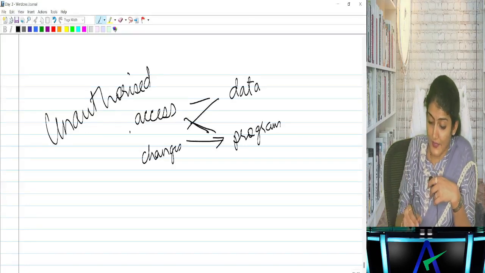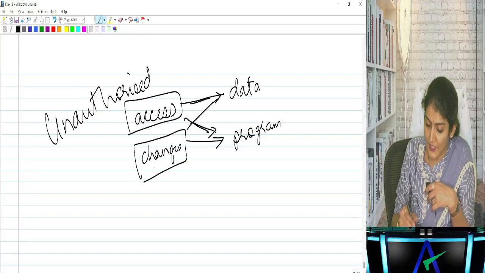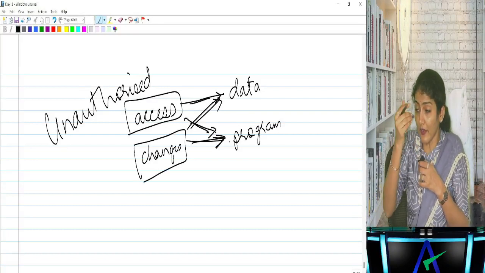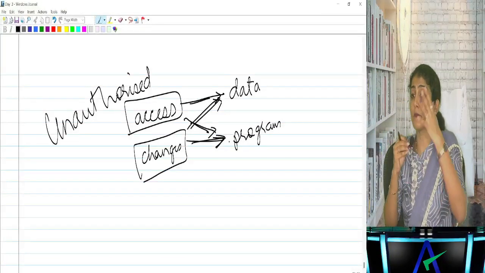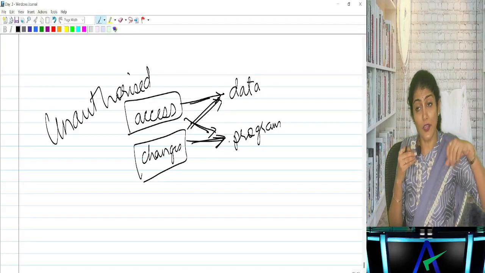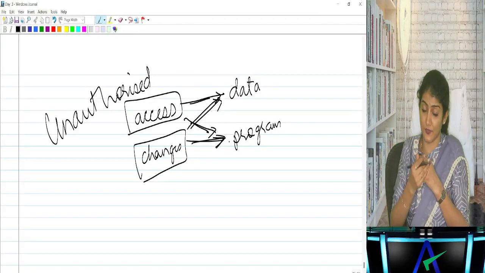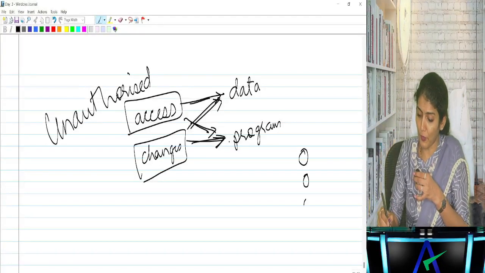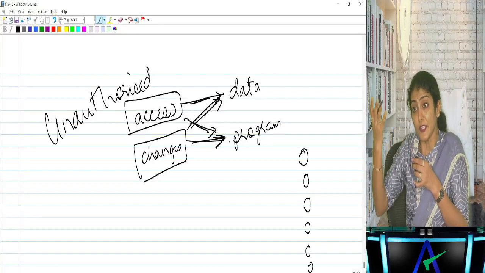So unauthorized access is, for example, that you can see how much is the salary of the CEO or any employee of the company. So that's unauthorized access to data. You have unauthorized access to the program, and obviously once you have unauthorized access, you make changes. You have access to the master file of the salary, so in front of all your friends' salary, you increase it by 110. So that is unauthorized changes to data.